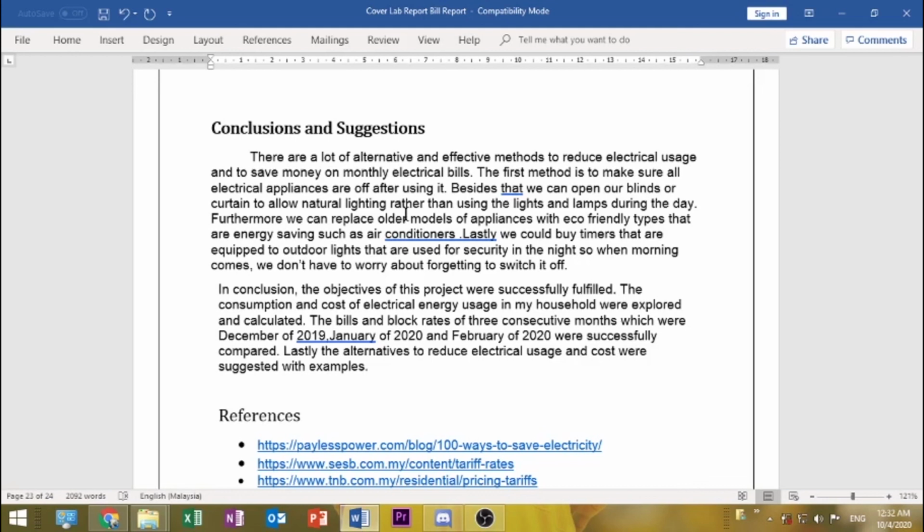And lastly, I was able to explain to you the alternatives and methods to reduce electrical usage, with some examples. That is all from me.